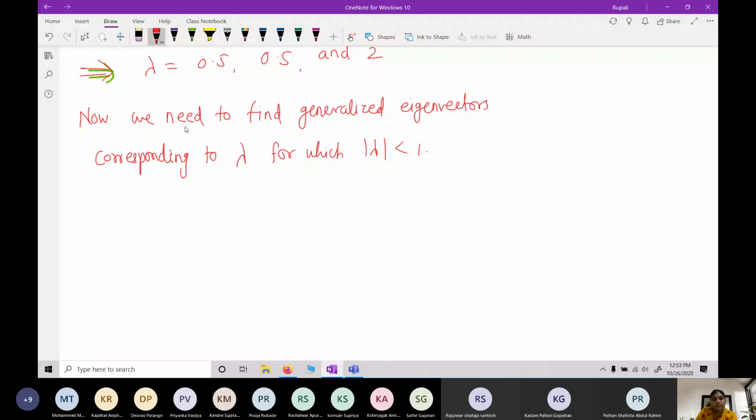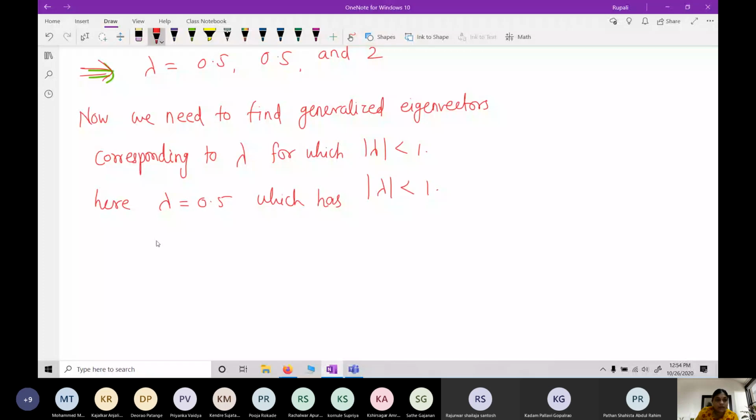So which are the eigenvalues for which modulus of lambda is less than 1 here? Here I am having two different eigenvalues, 0.5 and 2. So only one eigenvalue has modulus less than 1. So here lambda is equal to 0.5, which has modulus of lambda strictly less than 1.